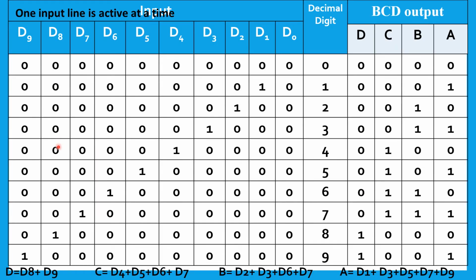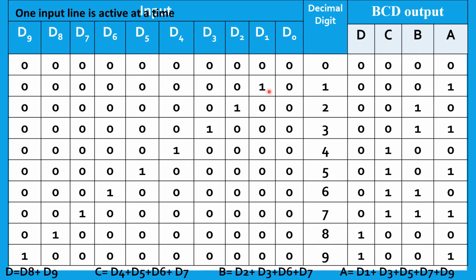The truth table of the decimal to BCD encoder is like this. Here the inputs are D0, D1, D2 up to D9 and the BCD outputs are A, B, C, D like this. When all the inputs are zeros, the BCD output will be 0, 0, 0, 0.